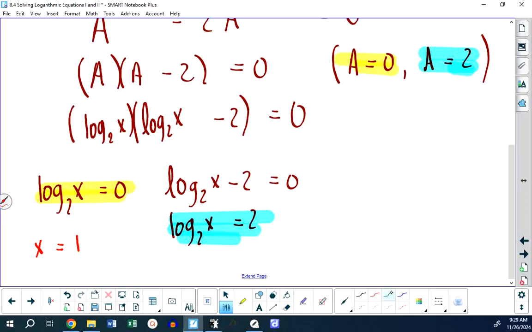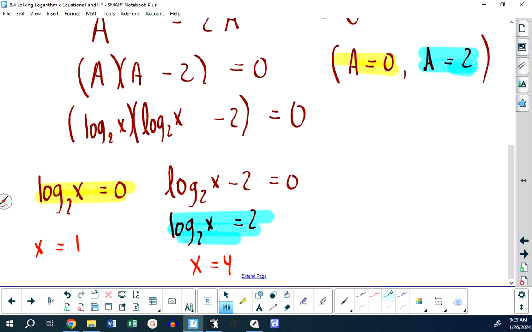Why? Because log base 2 of x equals 0 has an exponential equivalent of 2 raised to the 0 equals x. And here, x is equal to 4, because log base 2 of x equals 2 means that this base of 2 raised to this 2 that the logarithm is equal to has to equal x.